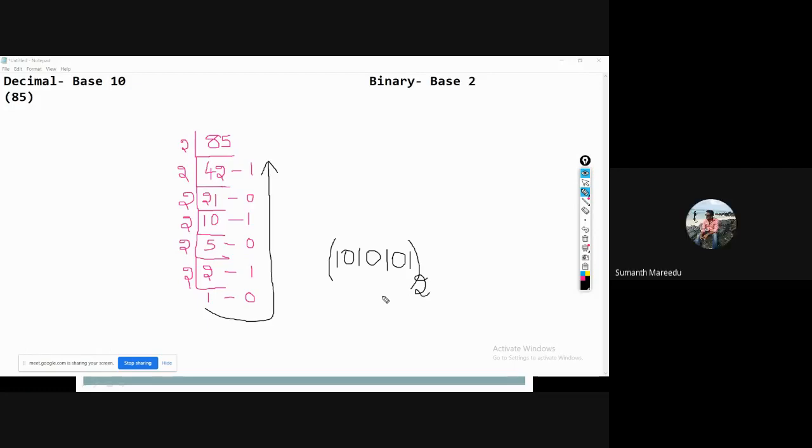So simply, whatever number you want to convert, you start dividing that number with 2 and consider the remainders. When you are dividing with 2, your remainders may be 0 or 1. So you will get only these two. Collect all the remainders and place them in the reverse order. That means start from this point and write in continuous order like this.